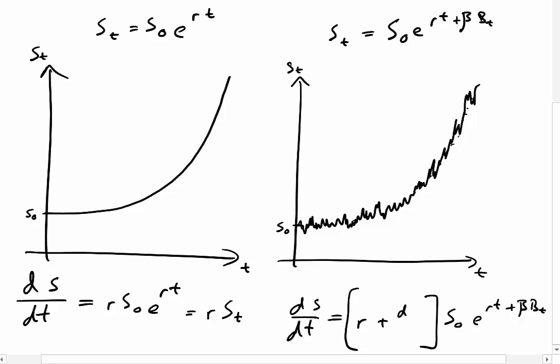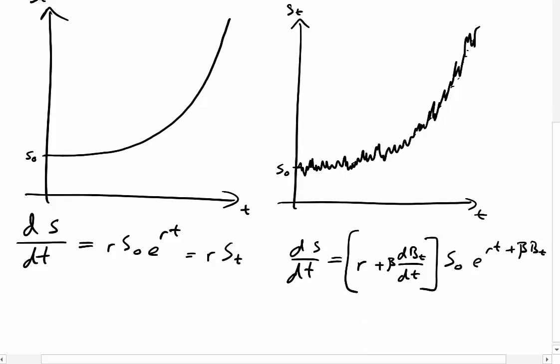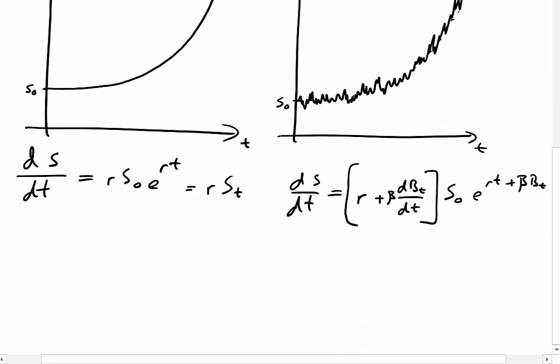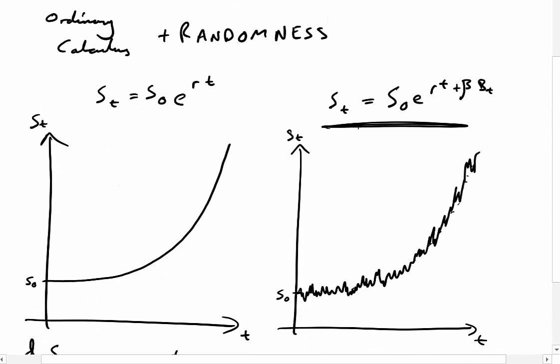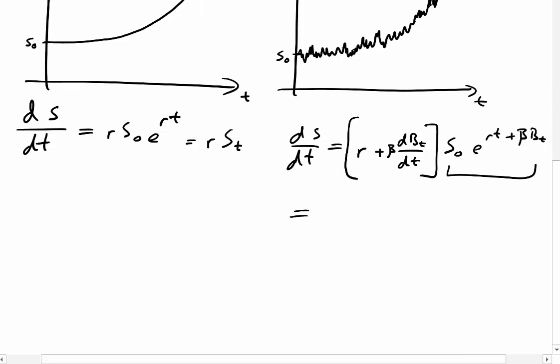It's going to be dBt, the derivative of Bt with respect to time, multiplied by beta. So add those two things together. Okay, fair enough. You're happy that this is just my St? Yeah, it's just my St. So this is now r plus beta dBt by dt.